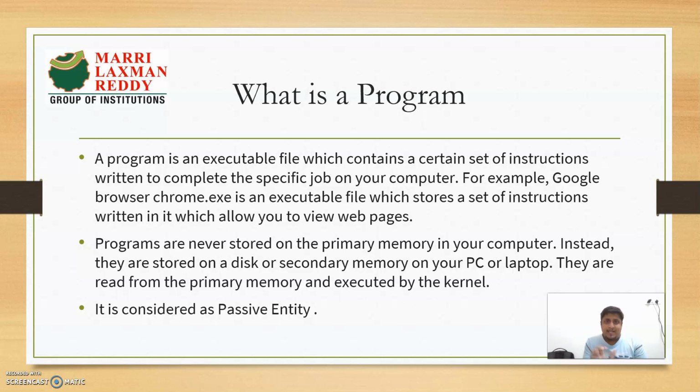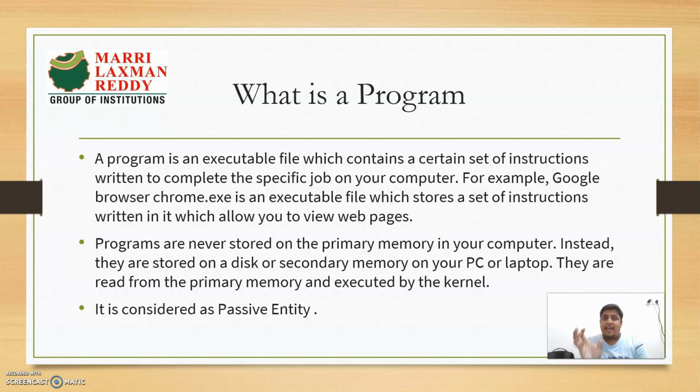Whatever hard disks you have observed, with divisions such as C drive, D drive, E drive and so on, those divisions or partitions can only be done in the secondary memory space, which is never possible in the primary memory.